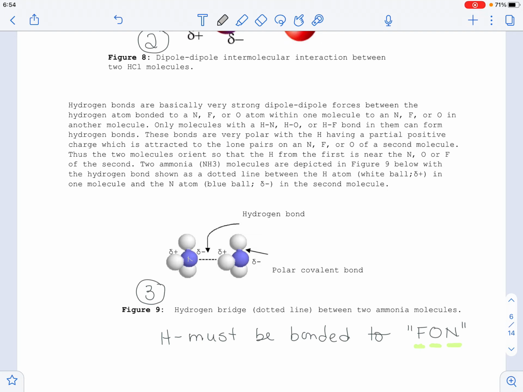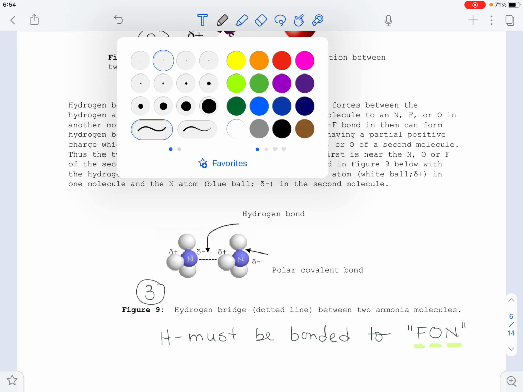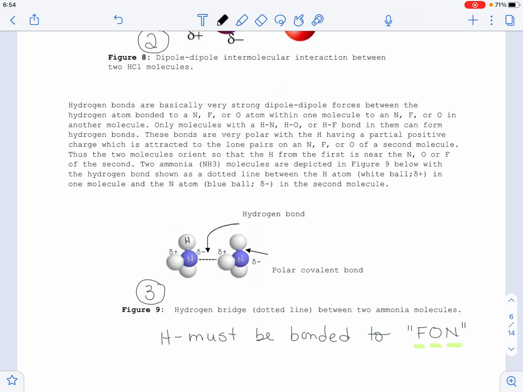The nitrogen in ammonia is here in the purple ball, and then the hydrogen atoms are in the white balls. So as you can see, my hydrogen atoms are bonded to one of those fun elements. Understand that hydrogen bonding is not a bond, it's an attractive force. And they are going to happen, let me just highlight it.